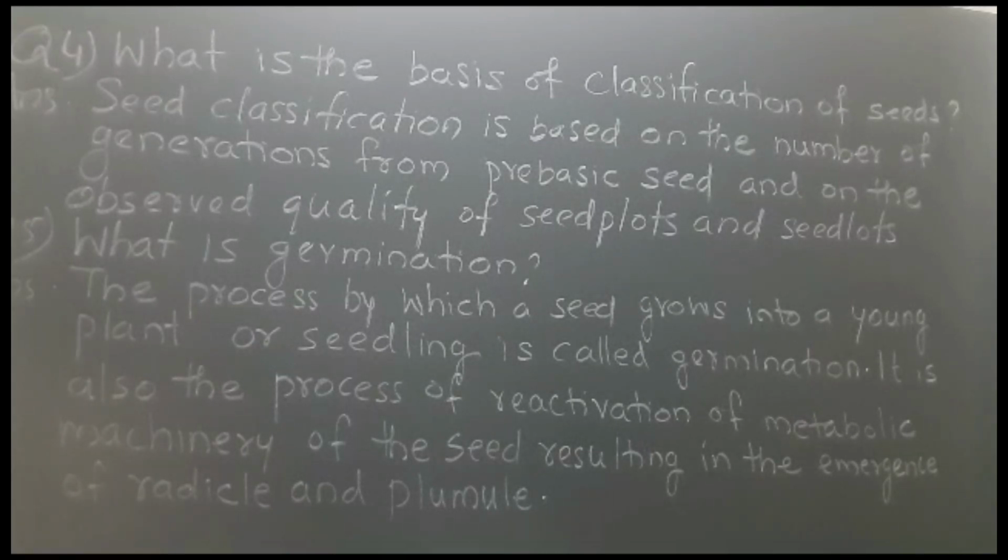What is germination? The process by which a seed grows into a young plant or seedling is called germination. It is also the process of reactivation of metabolic machinery of the seed resulting in the emergence of radicle and plumule.